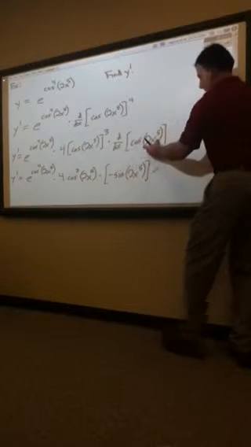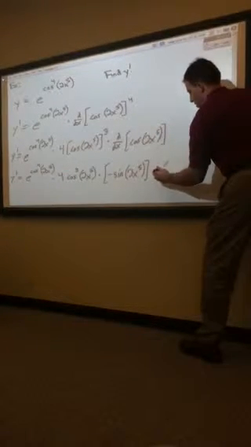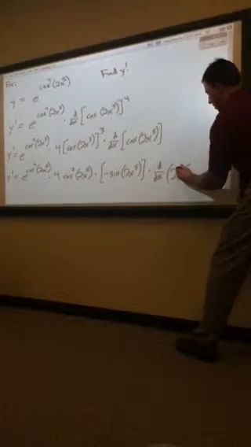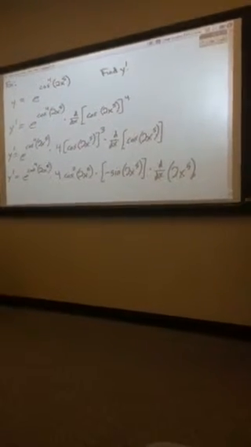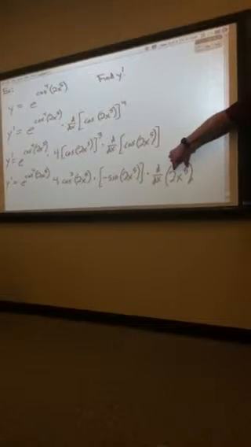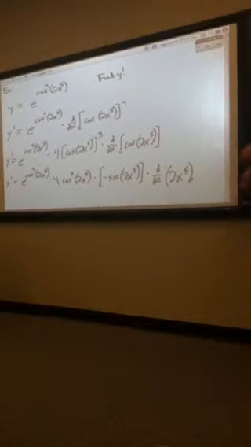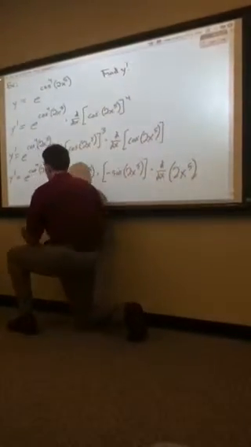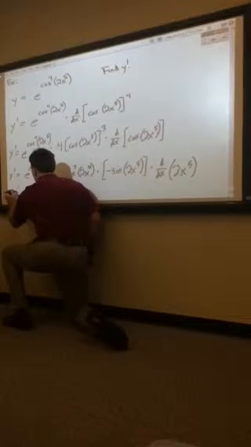And then by the chain rule, we have to take the derivative of the inner function on the next line. So that would be times the derivative of 2x to the fifth. Once we take the derivative of 2x to the fifth, we're done, because this is the last derivative. There's nothing else to take the derivative of after this point. So for the final answer here, this could of course be rearranged, but I'm just going to copy down everything.